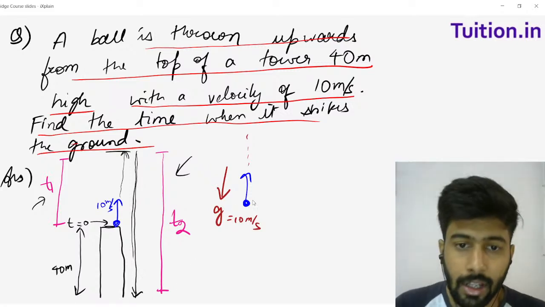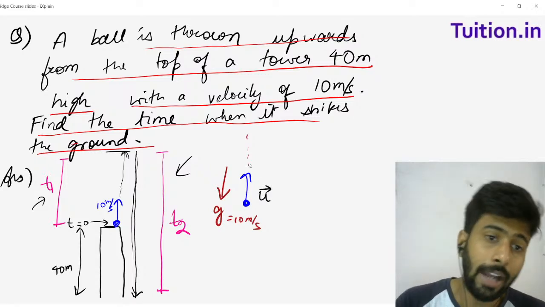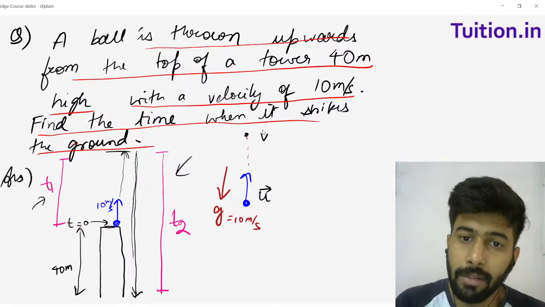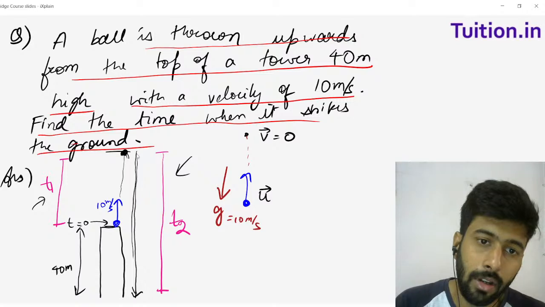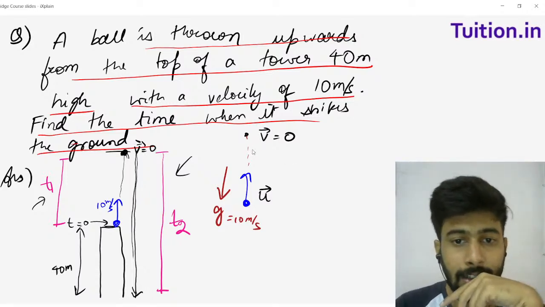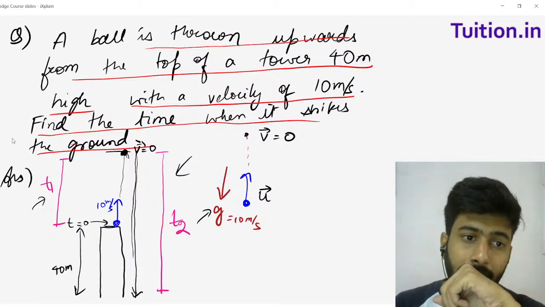That is the question. So I have the initial velocity vector available with me. I know that when the object goes on top, its velocity will become 0. When the blue ball is on top, what will its velocity be? It will be 0. So I know the final velocity. I know the acceleration, a bar.